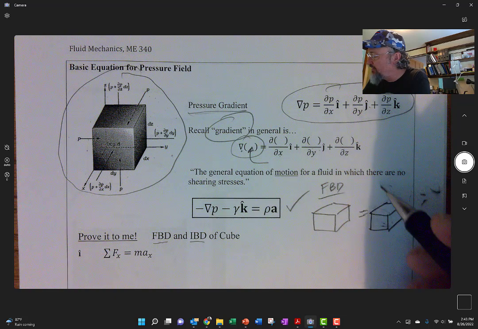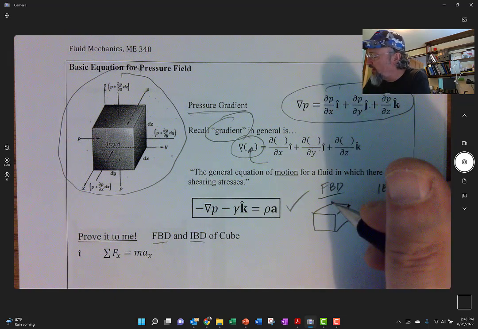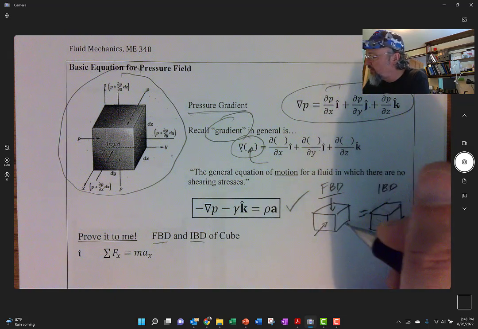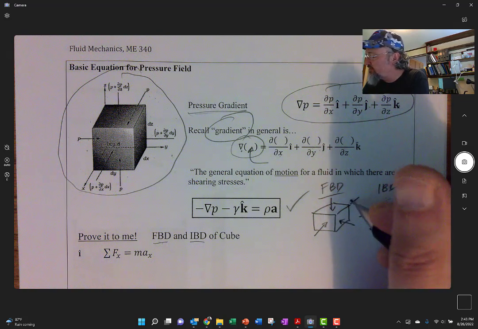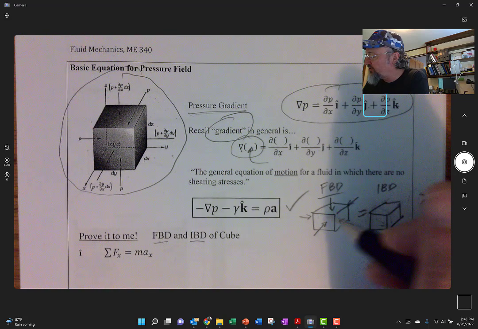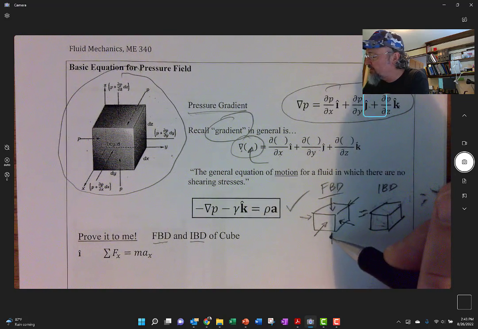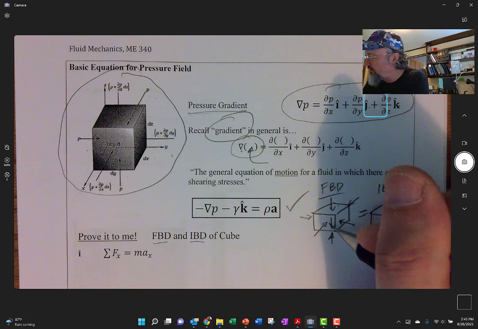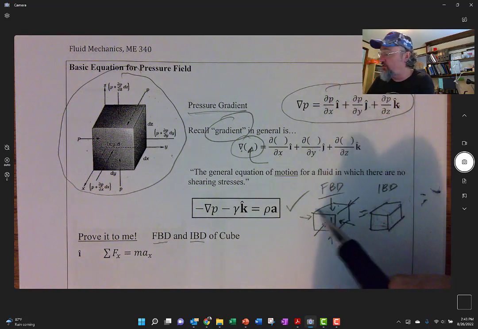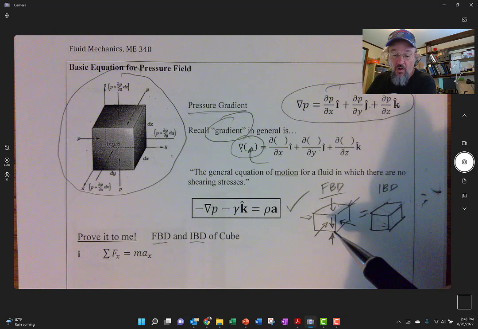So here's the FBD and here's the IBD, and we're looking at all these forces that are being placed on this, on all sides, and they're all going to be pressures acting on areas. But then we're also going to have the weight as well, right? So we'll have another force placed in there, and I don't want to cram in all of our stuff.